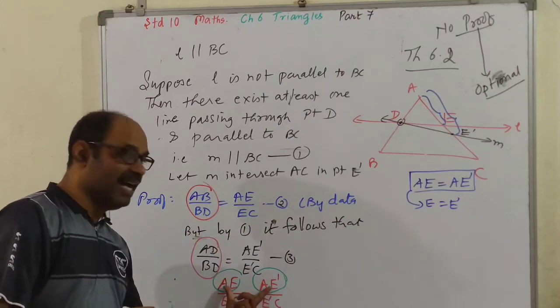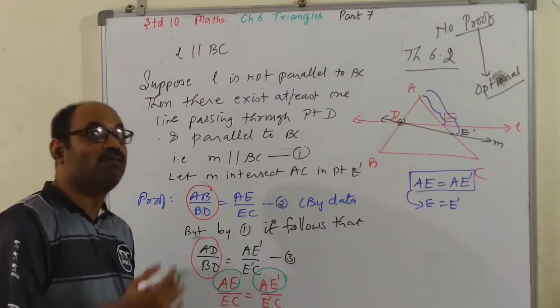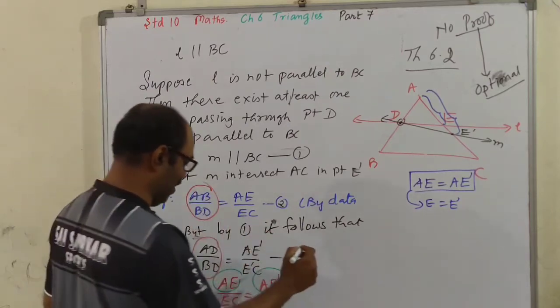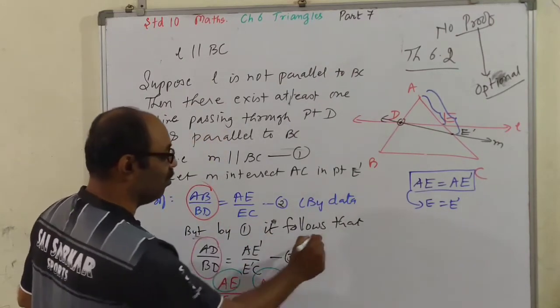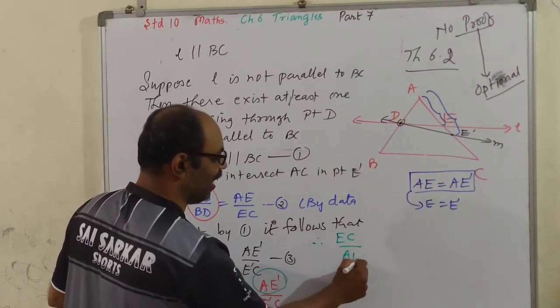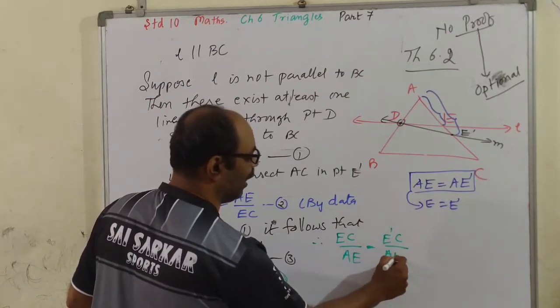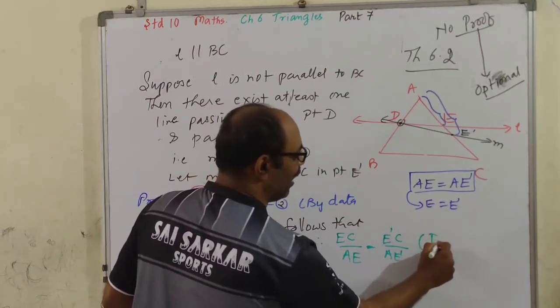What we want is this, but it will change if you use componendo. And this remains. So first we do invertendo. Therefore, EC upon AE is equal to E dash C upon AE dash.